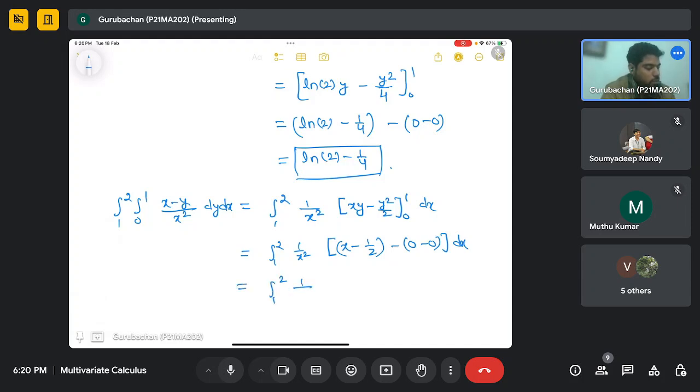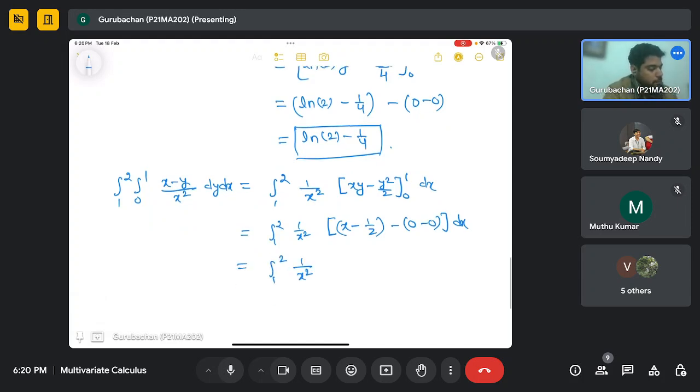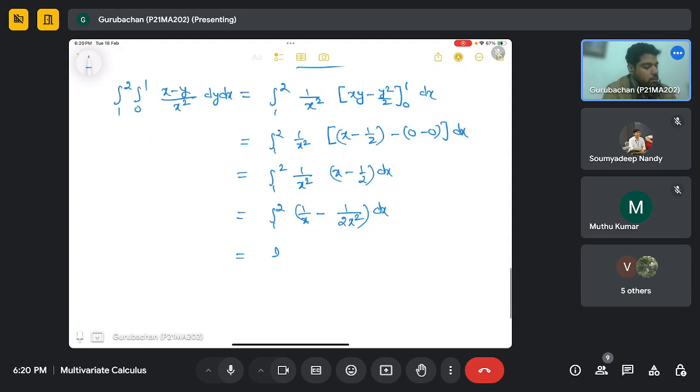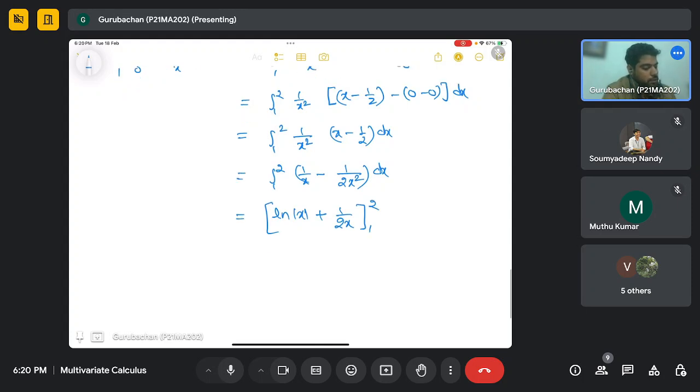From 1 to 2, 1 by x squared times x minus 1 by 2, dx, which will give you 1 by x minus 1 by 2x squared, dx. That means ln mod x plus 1 by 2x, from 1 to 2. This will give ln 2 plus 1 by 4 minus ln 1 plus 1 by 2.